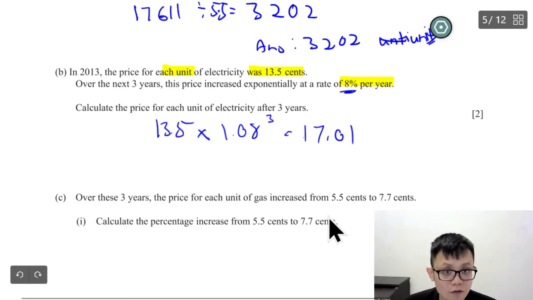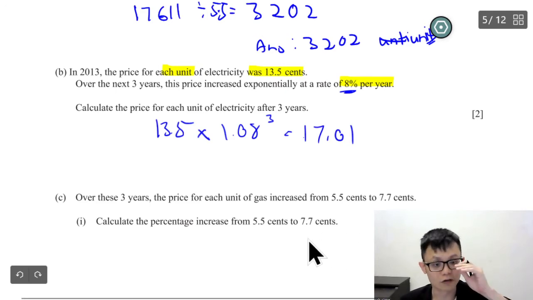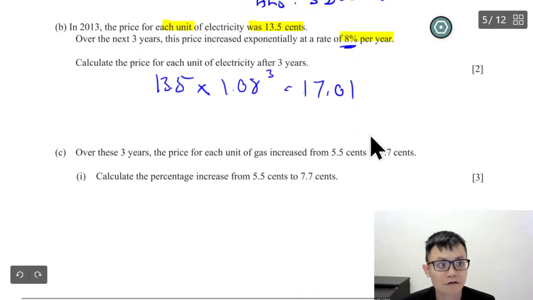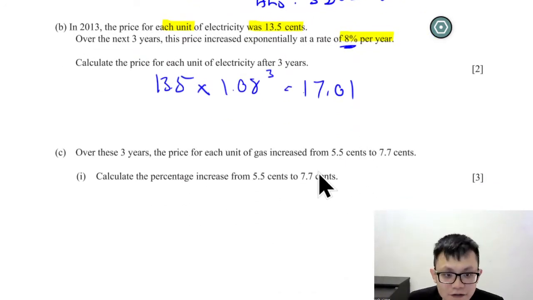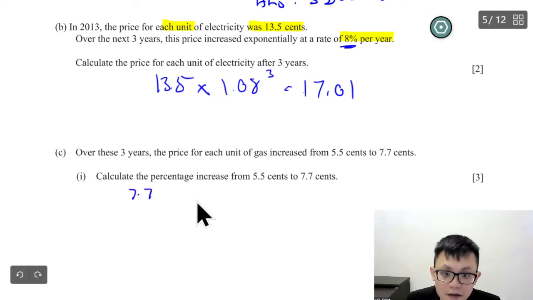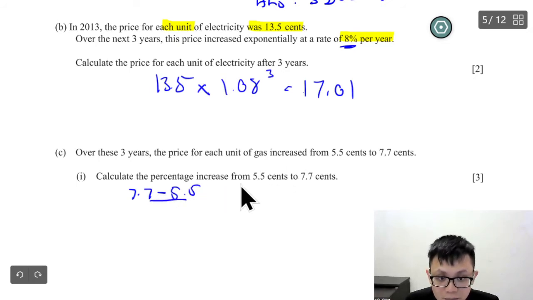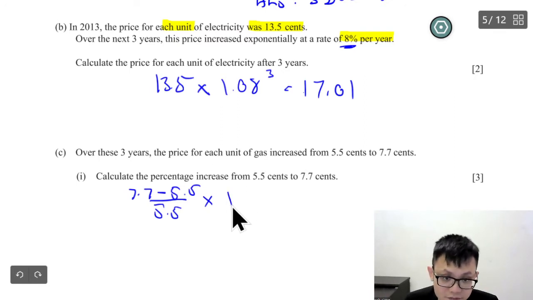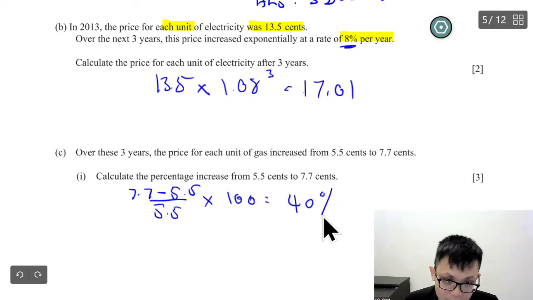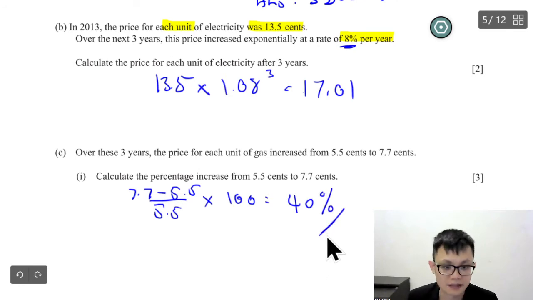Usually it is over the original amount, so the original amount is 5.5. Very easy. I use 7.7 minus 5.5, over the original amount 5.5, times 100%. So I will get 40%. An easy 3-mark question.